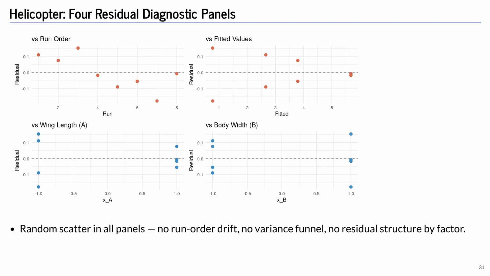In these panels, there is no clear systematic pattern. The model appears adequate. If any panel had shown something concerning, say, residuals that increase steadily with run number, suggesting a time trend, the right response would be to investigate before trusting the prediction equation. Here, no such investigation is needed.